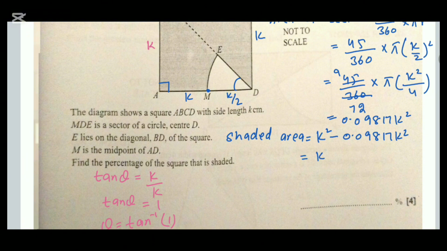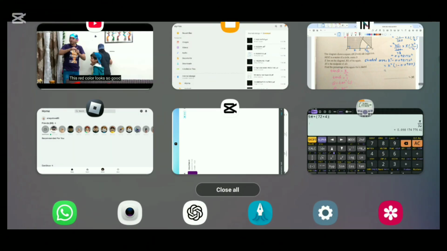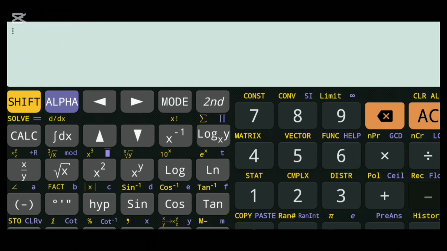K square will be taken common. 1 minus 0.09817, which is 0.90183.